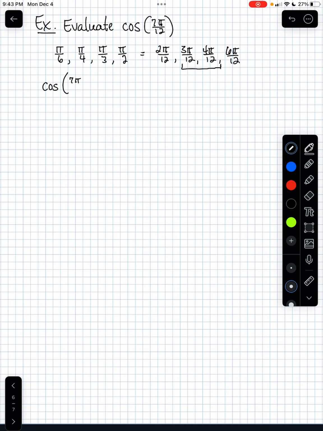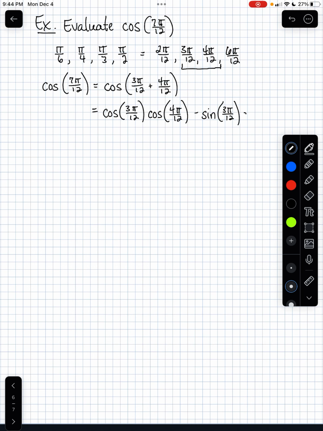So when we are doing cosine of 7 pi over 12, we can therefore do the cosine of 3 pi over 12 plus 4 pi over 12. And according to the formula for this, this would be the cosine of the first angle, 3 pi over 12, times the cosine of the second angle, 4 pi over 12, minus the sine of the first angle, 3 pi over 12, times the sine of the second angle, 4 pi over 12.